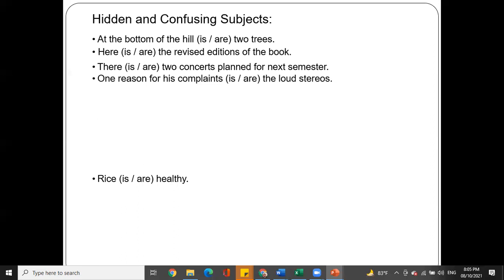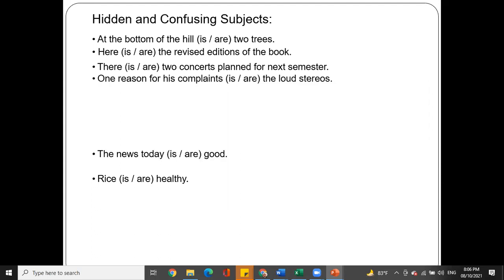Money is always singular. Music is always singular. Liquids are singular, like water is, oil is, beer is, wine is. Grains like rice is, wheat is, barley is. These are mass nouns. They refer to many entities, but they are singular.